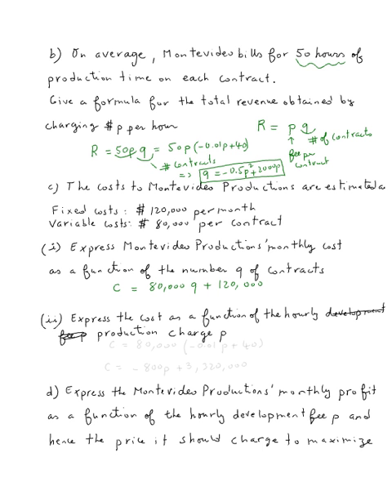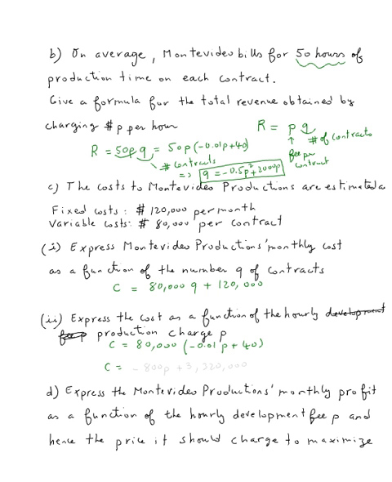Now for part two, express the cost as a function of the production charge P. Now all we need to do is replace the Q in 80,000Q, but Q happens to be the demand, negative 0.01P plus 40.